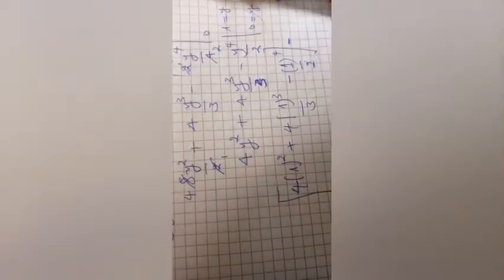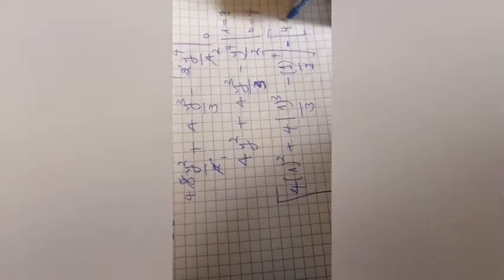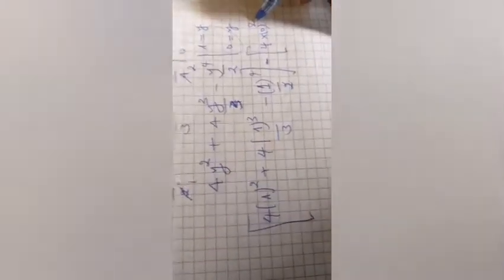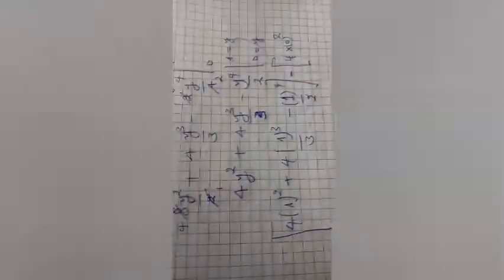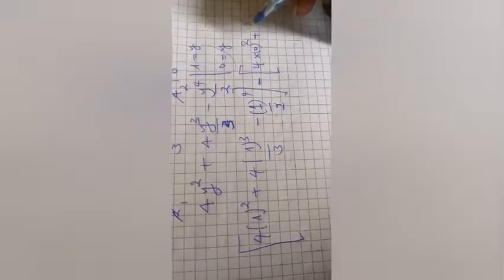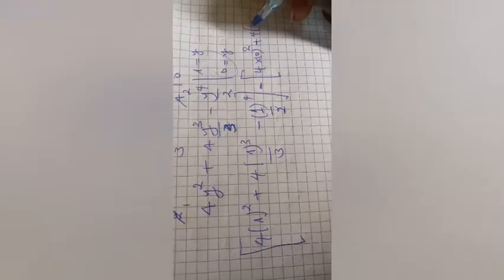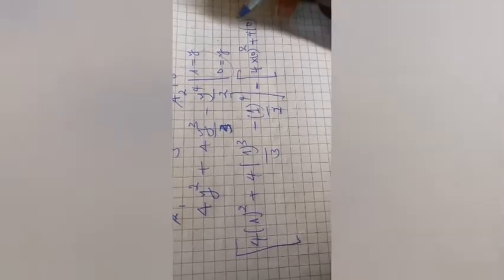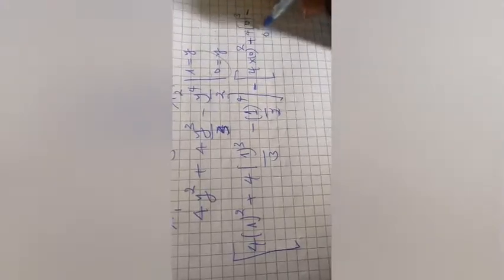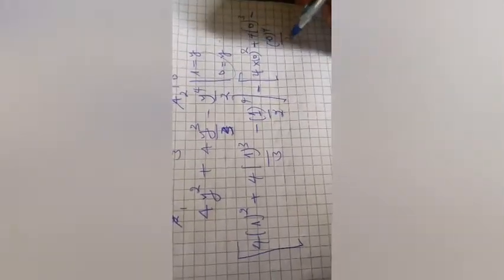Then minus, we have 4 times 0 squared plus 4 times 0 power 3 minus 0 power 4 over 2.